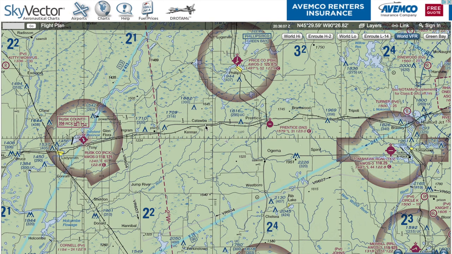And because of that, we would have to be in Class G airspace. But how high does the Class G airspace go? Right there, it goes up to 1,200 feet. So Class E airspace is going to be starting at 1,200 feet here.